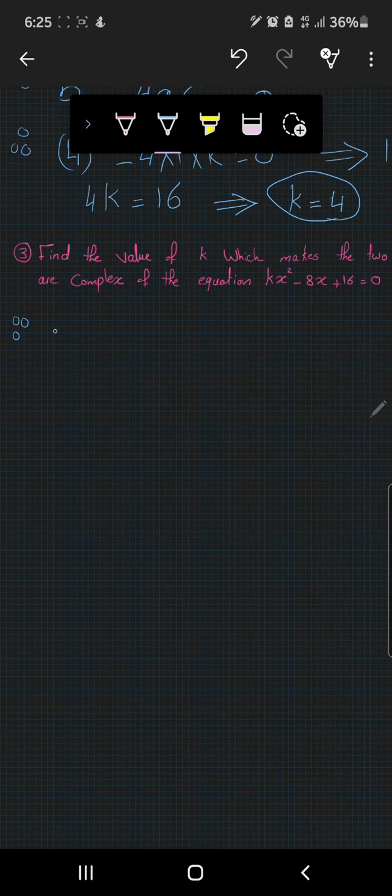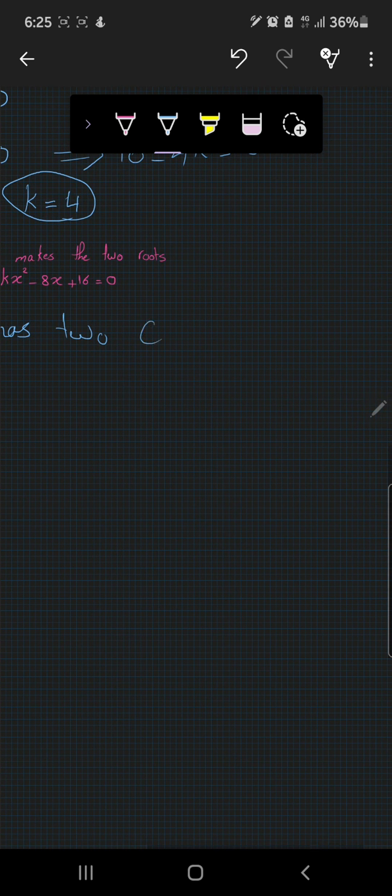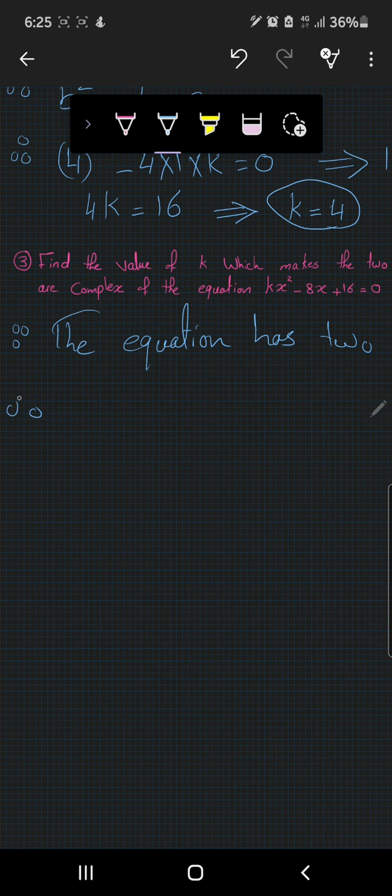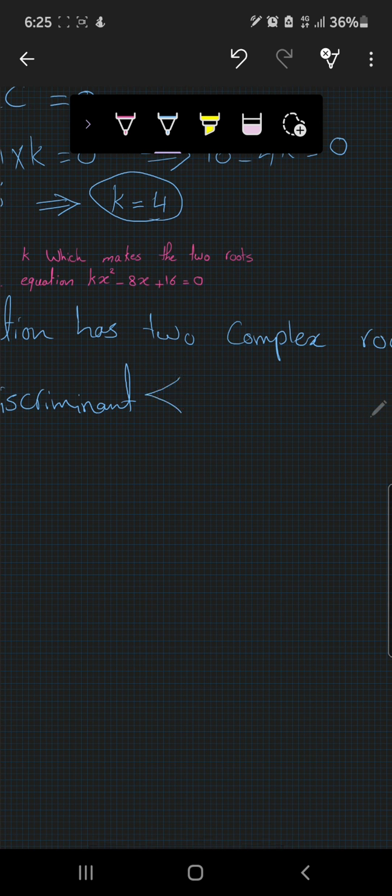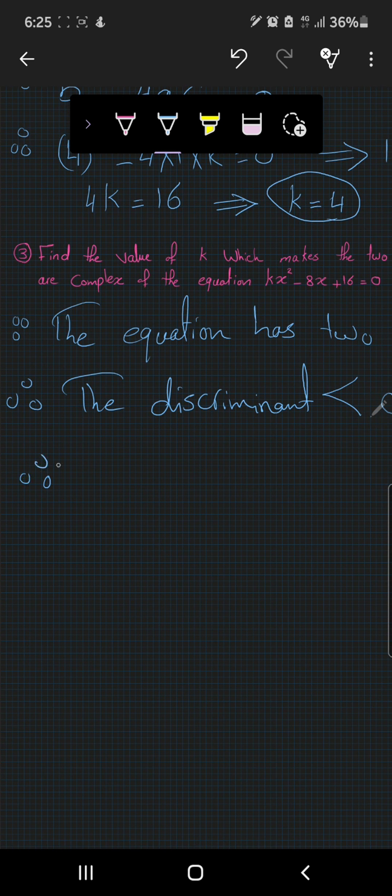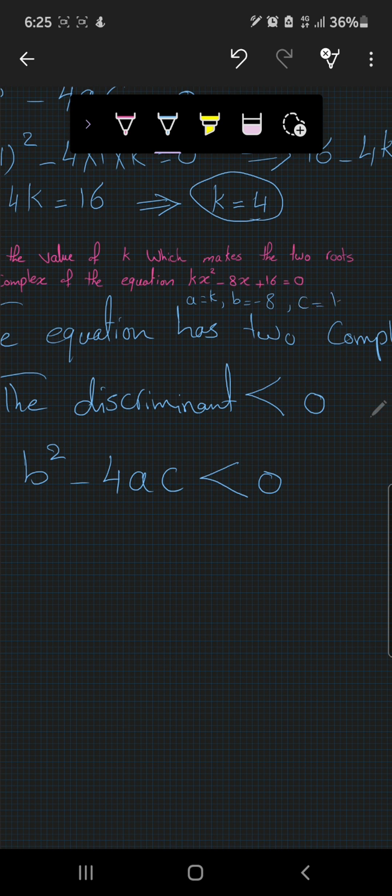Since the equation has two complex roots, then the discriminant is less than 0, which is b² − 4ac < 0. a = k, b = −8, c = 16.